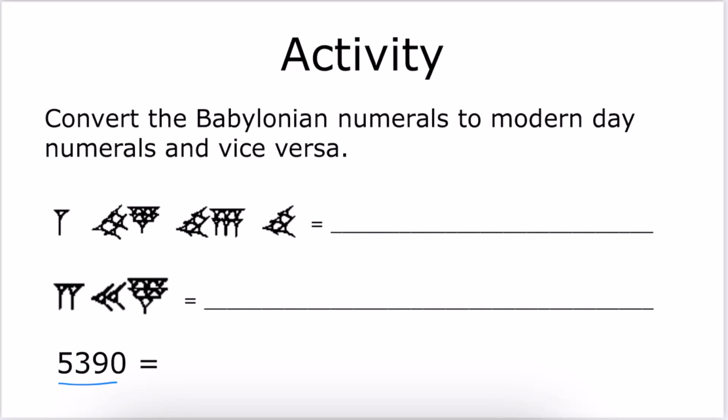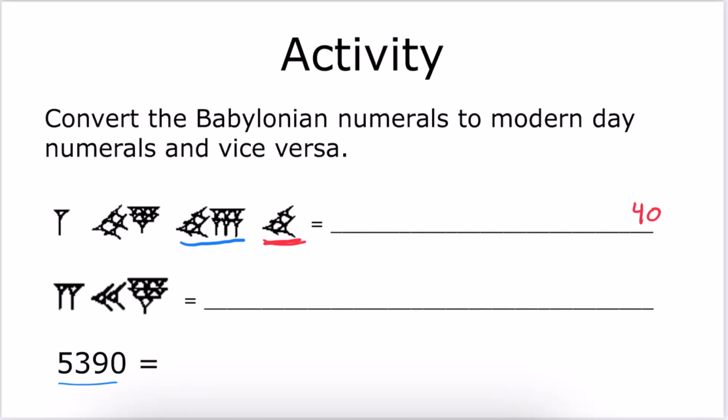Okay, so if I wanted to do this first one, I'm going to start with the smallest place value, and I'm going to figure out how many 1s I have. So it looks like I have the symbol for 10 4 times, which means that I have 40 1s. Then I would say, okay, well, now let's look at my next place value. Remember, this place value is basically going to be 60 1s, because once I count up to 60 in this red place value, then I would move on to my next place value.